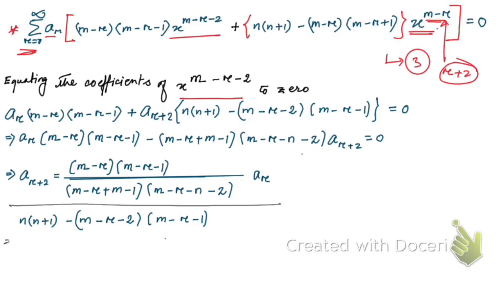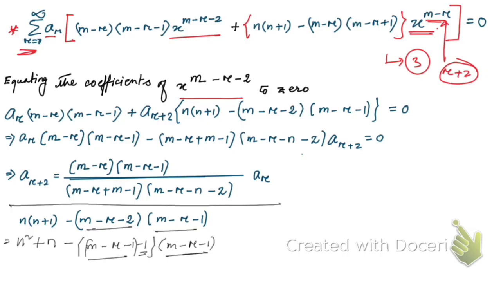Now just open this bracket, that means multiply n into n square, n into 1 is n, then this part can be written as m minus r minus 1 minus 1. This minus 2 can be written as minus 1 minus 1, right? So that's how we can write. Then into this m minus r minus 1, okay? Now multiply this one with this and this minus 1 as well.